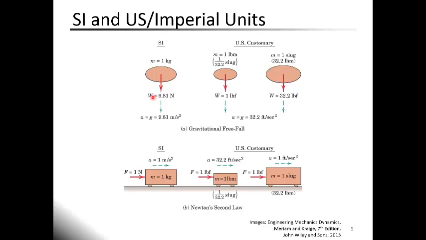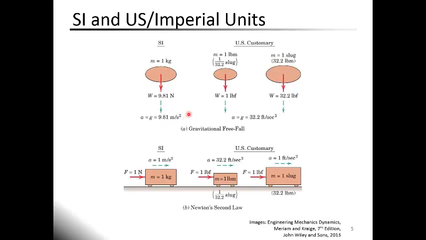We'll find that the weight, or the force due to gravity, on this particle is equal to 9.81 Newton. And the particle would start accelerating by the gravitational acceleration. So the acceleration is a equals g equals 9.81 meter per second squared.